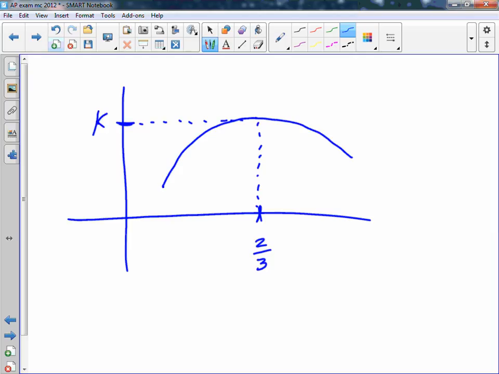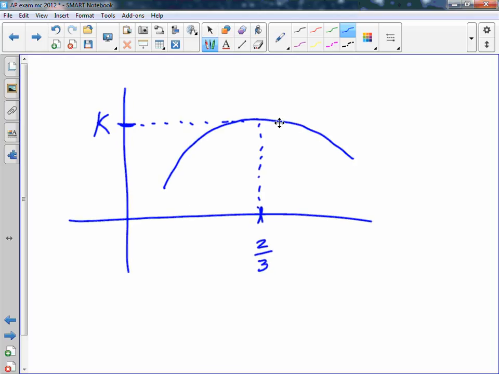Meaning k is up here somewhere, right? And depending on what value of k you have, I should draw this separately. Depending on what value of k you have in there, this thing's going to move up and down a little bit or over. It'll be a transformation.